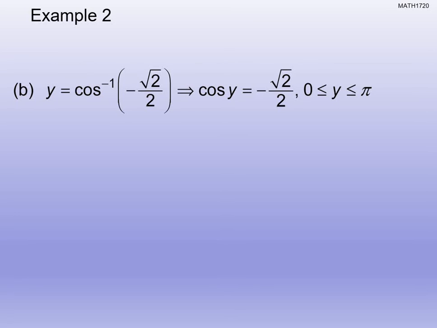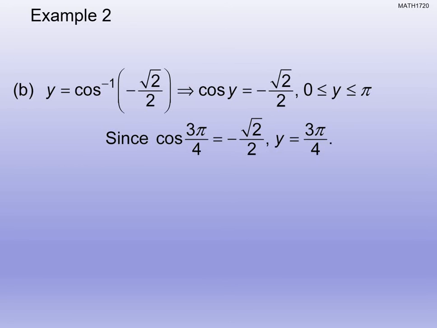Okay, so cosine of y equals negative square root of 2 over 2. So we have to ask ourselves, what angle is that? And we have cosine of 3 pi over 4 is equal to negative square root of 2 over 2. So we could do pi over 4, right? But then we have to make sure that we're in the right quadrant, and we have to end up between 0 and pi. So cosine of 3 pi over 4 is the angle in question.